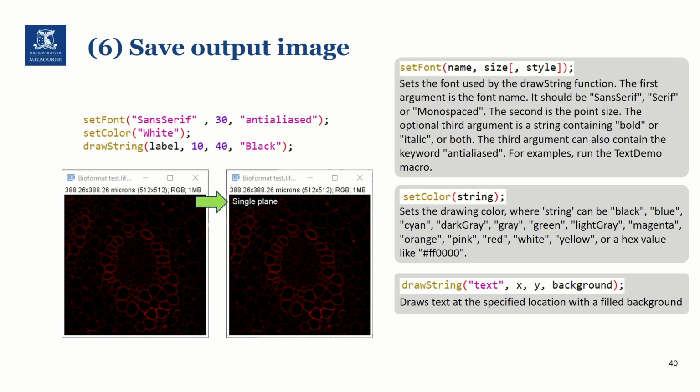Also, I have set the font style using the setFont function. This function sets the font used by the drawString function. I have used sans serif font and set the font size as 30 and set the style as anti-alias to make the font clearer.